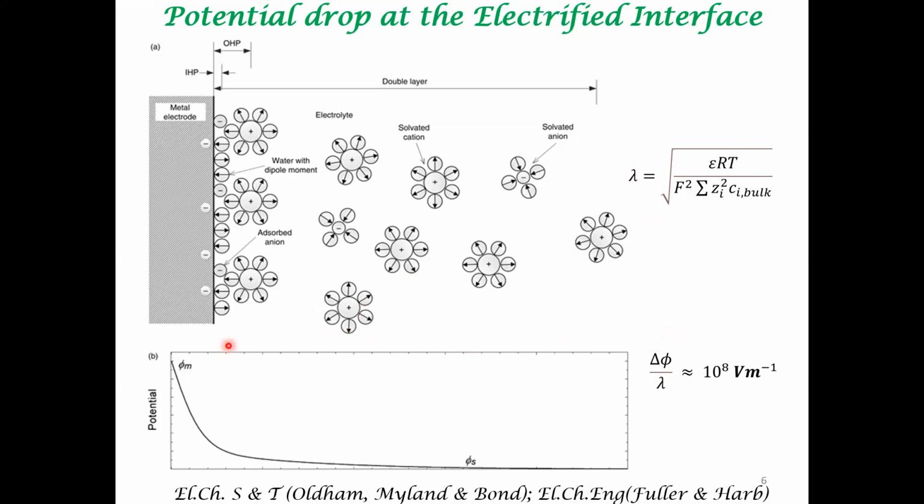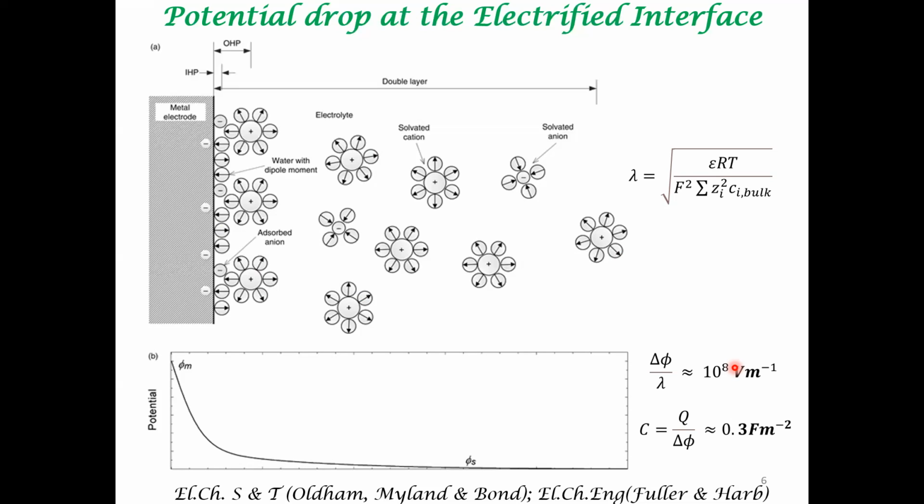I can measure the potentials by a simple voltmeter measurement. Because I know lambda, I can get the magnitude of the electric field. Look at the magnitude of the electric field. This is amazing, right? This magnitude of electric field is 10 to the 8 volt per meter, okay? This is a very high electric field, okay? So that's the beauty of electrochemical interfaces. And I can get these electric fields at room temperature and pressure.